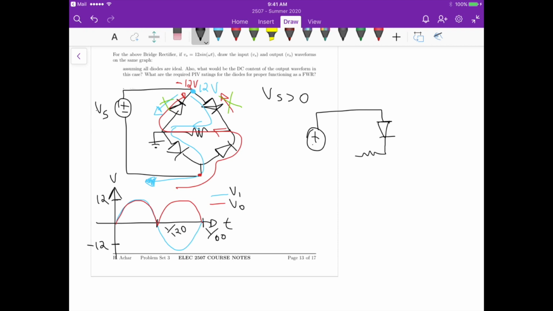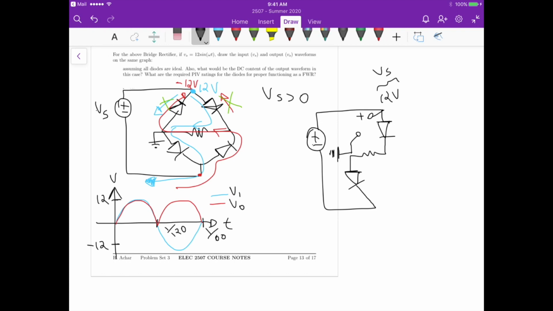Then we have the load, we have another diode conducting here, and that goes back to the source. But this one here is an open circuit, right? So we have the ground here. Suppose we are in the positive half cycle, this would be 12 volts, or in a general form Vs, right?